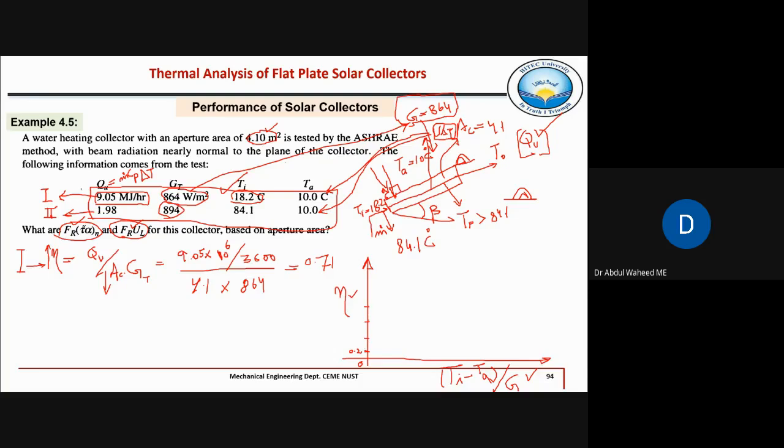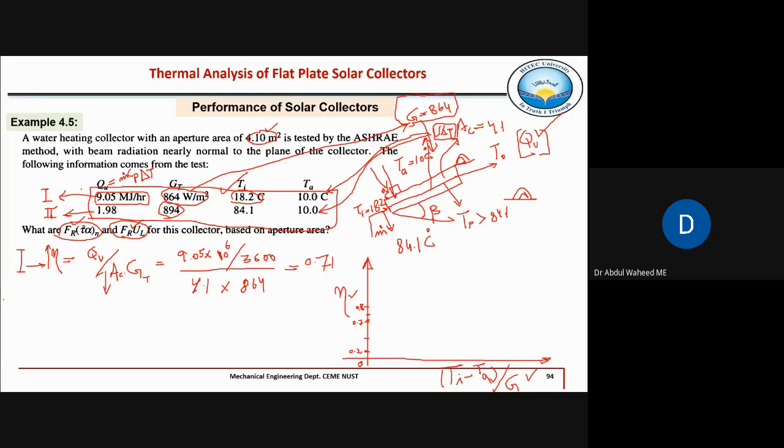So this one, 0.71, is somewhere here, near 0.8. So we can plot it on the graph. This is the efficiency corresponding to what is Ti minus Ta divided by G, the x-axis.